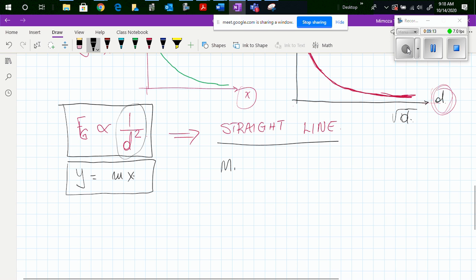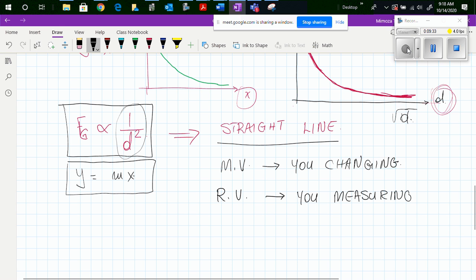We have a manipulated variable, that is, what are you changing? And we have the responding variable, which is, what are you measuring as an effect of the change that you are doing.